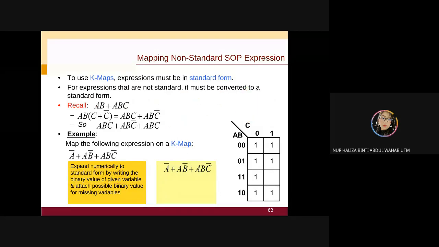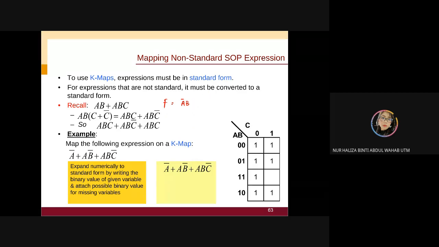So I give you another example. F equal to A bar B plus ABC. This one I'm not going to worry about because I have all the variables, so my binary will be 1, 1, 1. But you need to assume I'm going to have 3 variables.